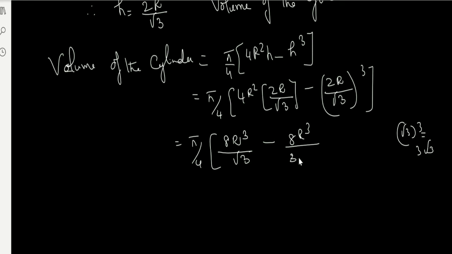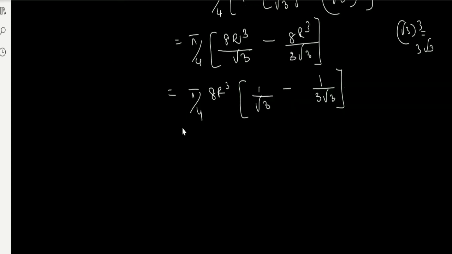So that is equal to pi by 4, 8r cube, take it out. So 1 by root 3 minus 1 by 3 root 3. So that is equal to pi by 4, 8r cube. The LCM is 3 root 3. So when you take the LCM, you get 3 minus 1.